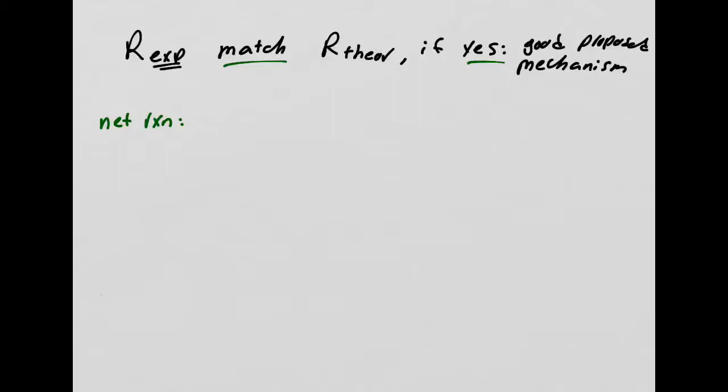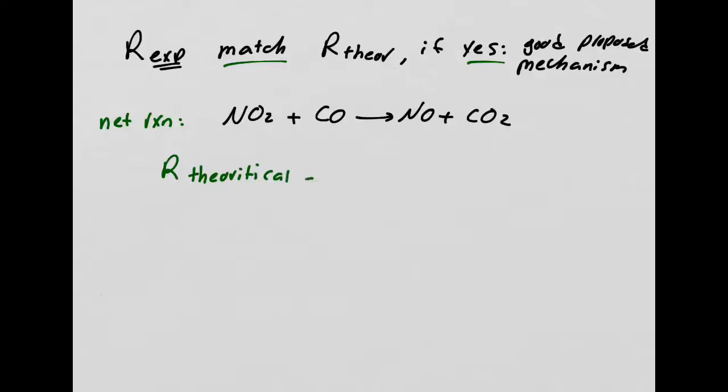My net reaction is NO2 plus CO going to NO plus CO2. Okay? And my R theoretical, based on the rate-determining step, says my rate law is k times NO2 to the power of 2.